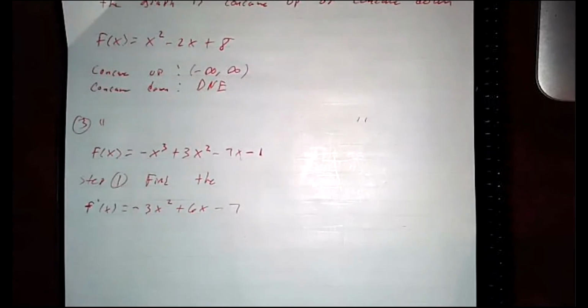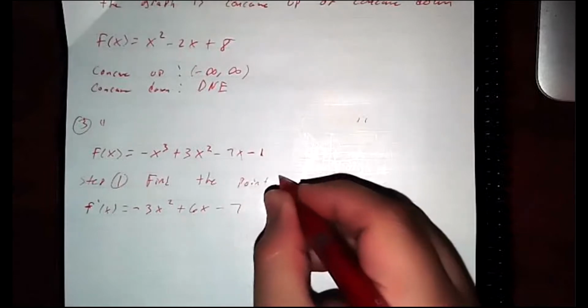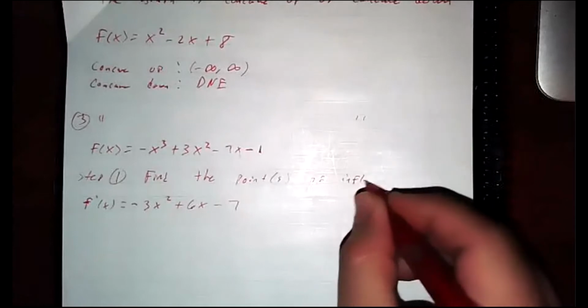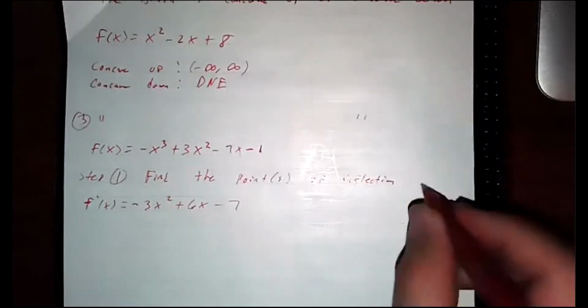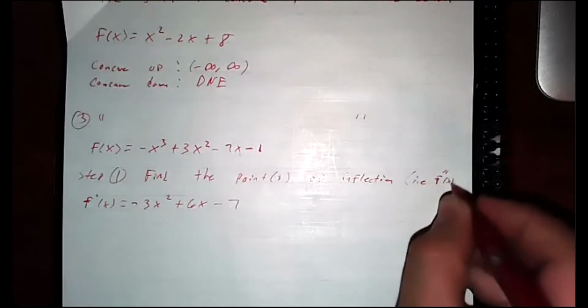Since the question did not ask for critical numbers or maximums or minimums, it's only asking where it is concave up or down. So find the point or points of inflection, which means set the second derivative to 0.